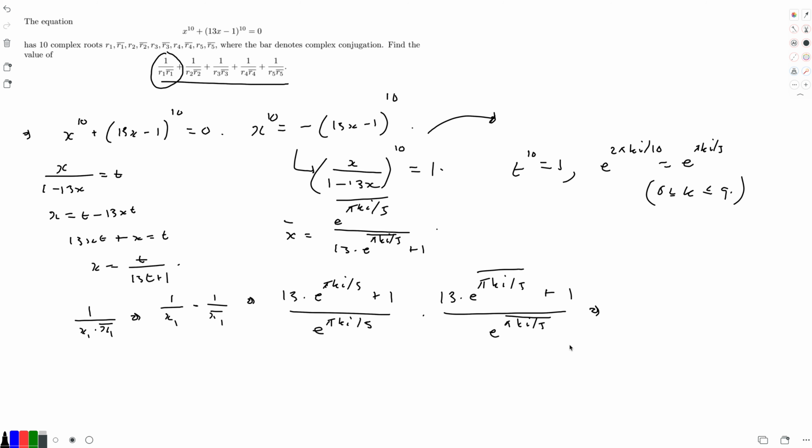Okay, now from here, what do we do? Oh yeah, I could have just used that this is equal to t, right? So that would have been much simpler. So we know this is t.